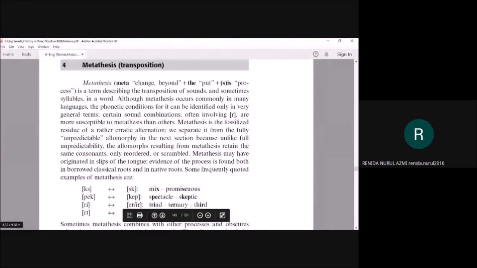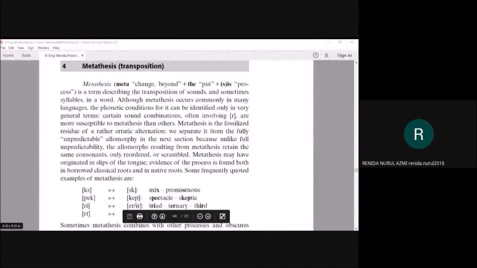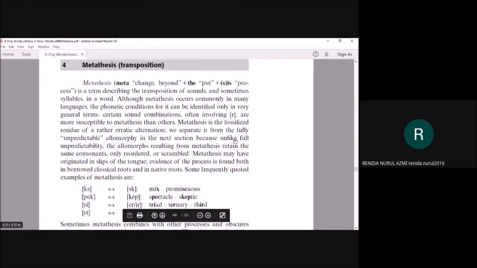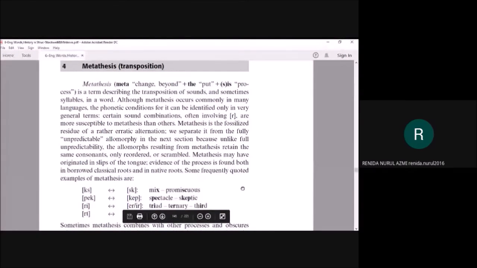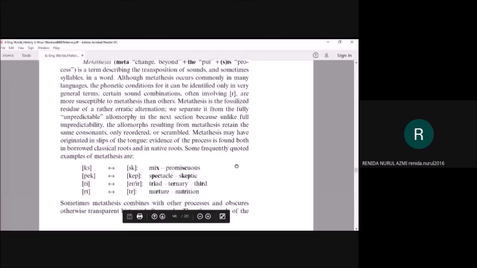Me. Okay. For metathesis, in my opinion, the definition of metathesis, etymologically from Greek, literally a transposition, is a kind of metaplasm whereby letters or syllables of a word are transposed or shifted out of their natural position.